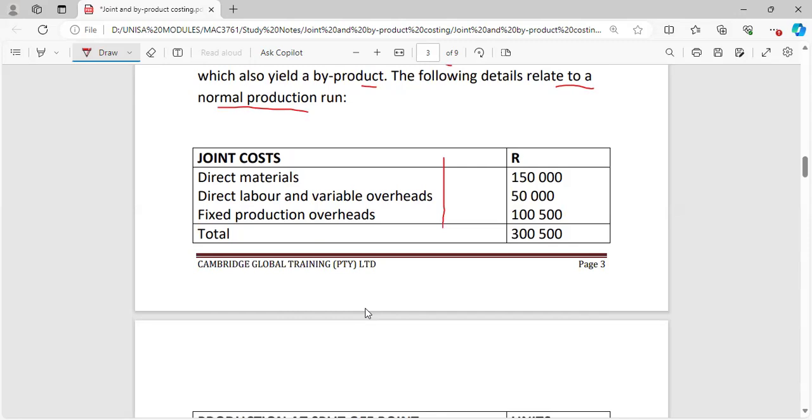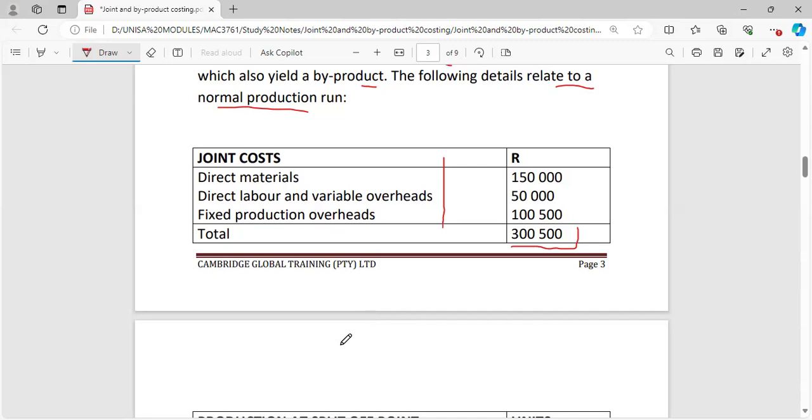So you can only allocate these joint costs to the product after the split off point, because before the split off point, you don't have the sales value of any one of the products. So we can only allocate these joint costs after the split off point.